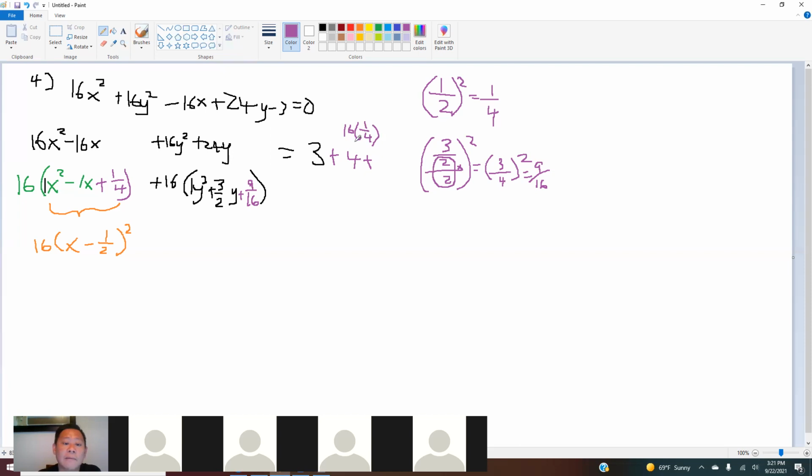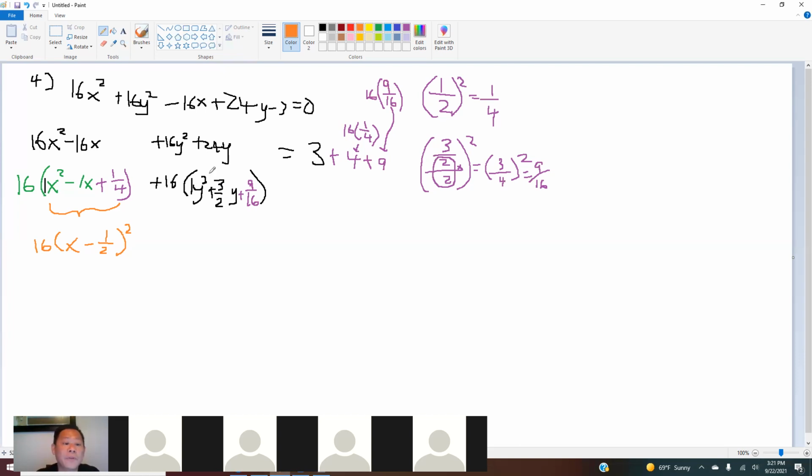What do you add here? 9/16 times what? What we have factored early on? A 16. So you multiply that by 16. Does anyone know what 9/16 times 16 is? 9, yes. So you add 9 here to balance the y term.